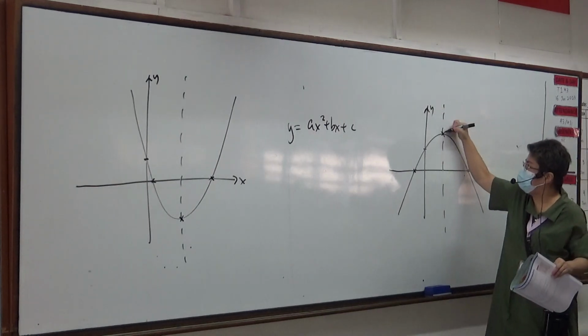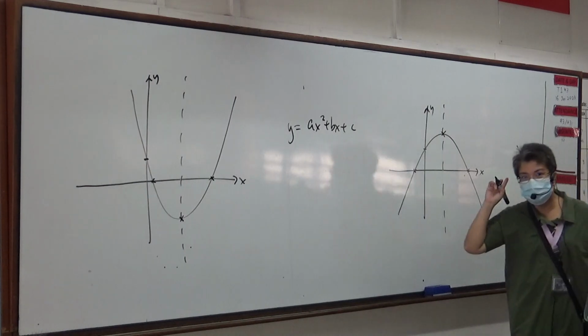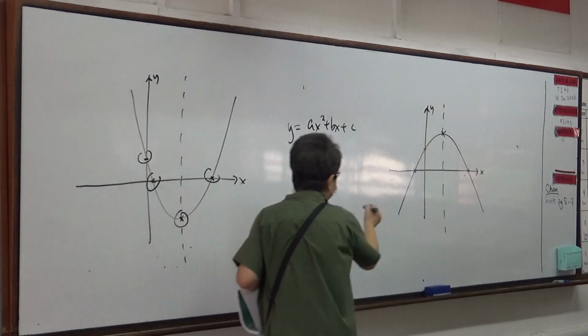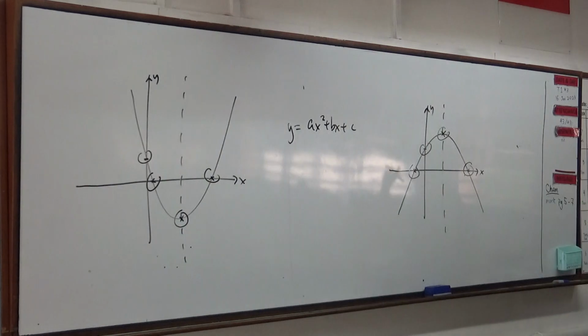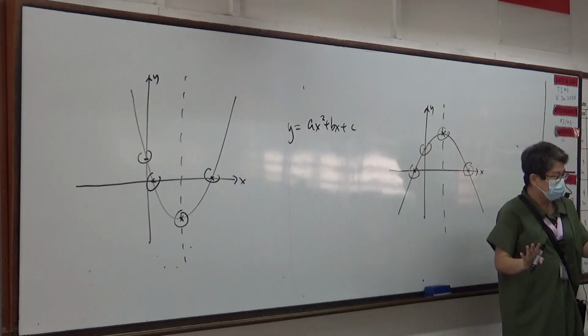Line of symmetry, and this is called the maximum point. In a graph, you must indicate all this. You must show what the values are. Is that clear to everyone? Yes or no? So it's either a maximum or a minimum curve.